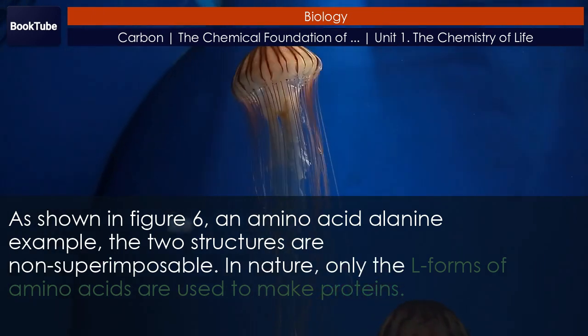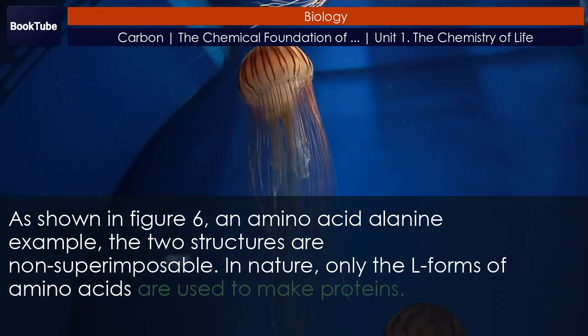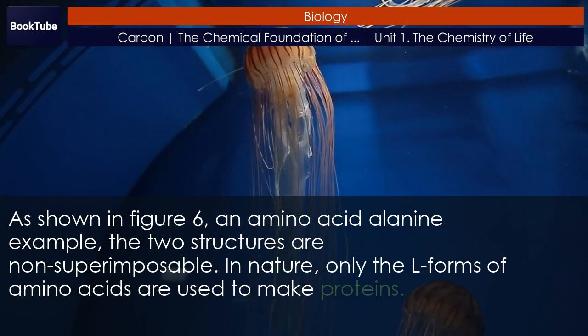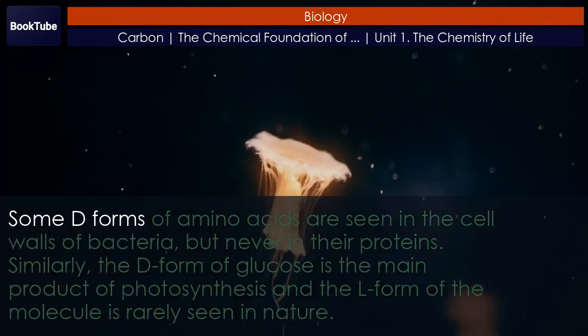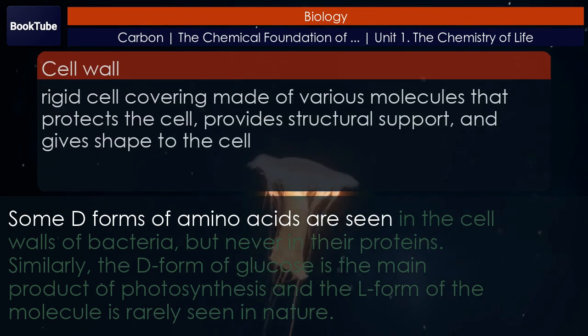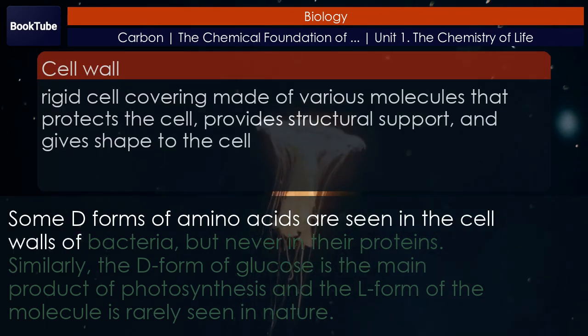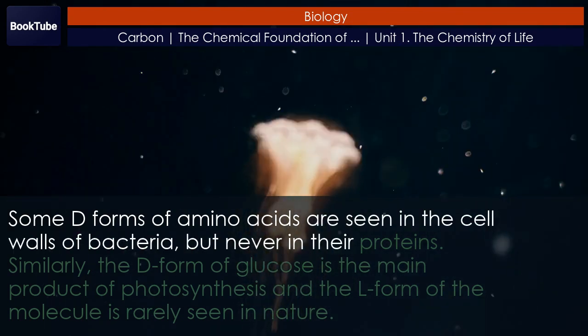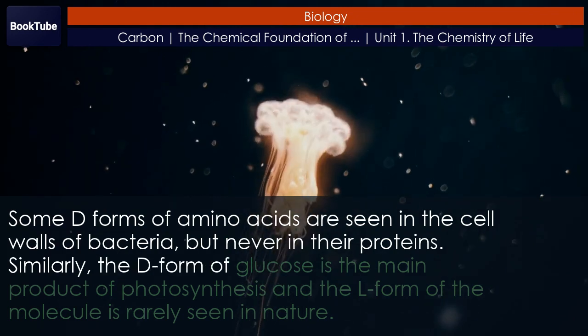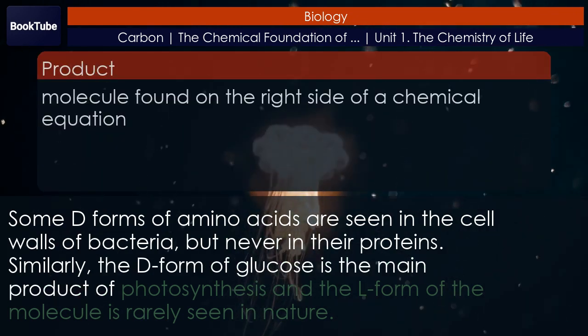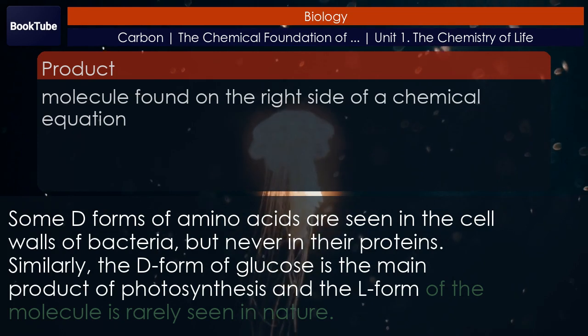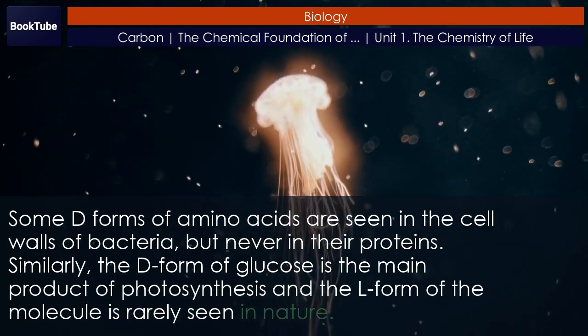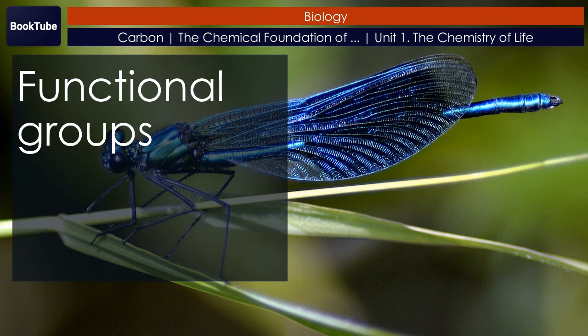In nature, only the L forms of amino acids are used to make proteins. Some D forms of amino acids are seen in the cell walls of bacteria, but never in their proteins. Similarly, the D form of glucose is the main product of photosynthesis and the L form of the molecule is rarely seen in nature.